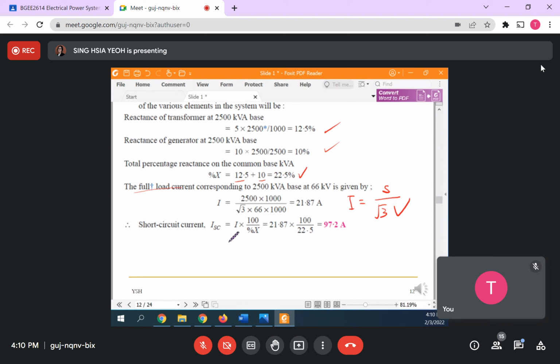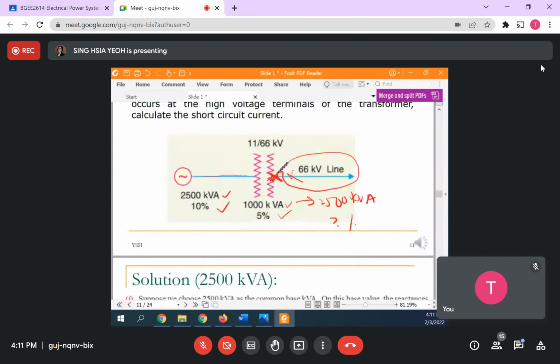The short circuit current will be the full load current times 100, which is fixed already, divided by the %x, 22.5%. Then you get 97.2 A. It means that the normal full load current is 21.87 A, and if there is a short circuit, the current will be 97.2 A if the fault occurs here.